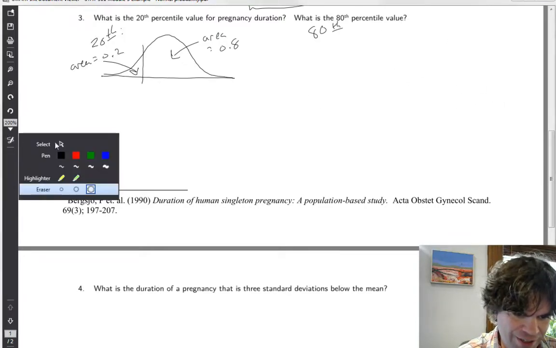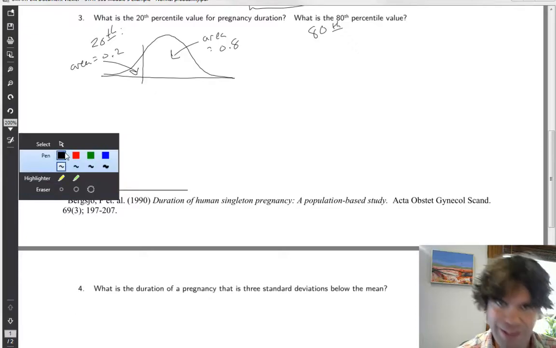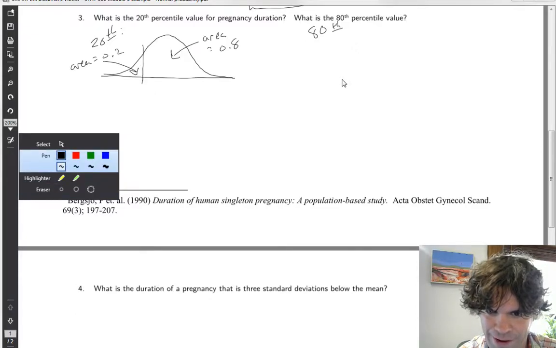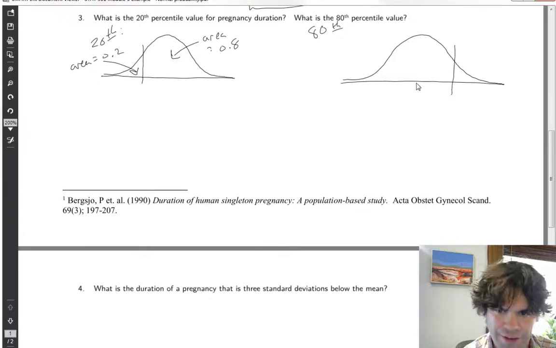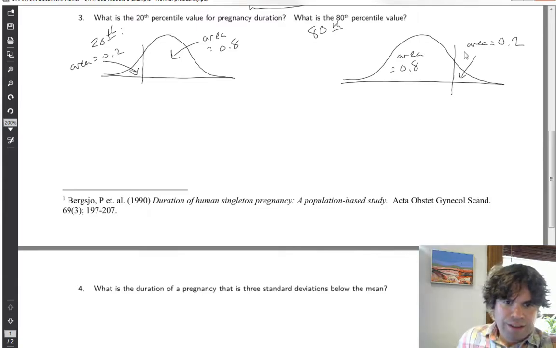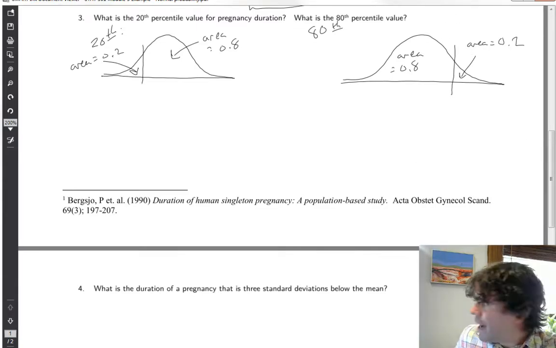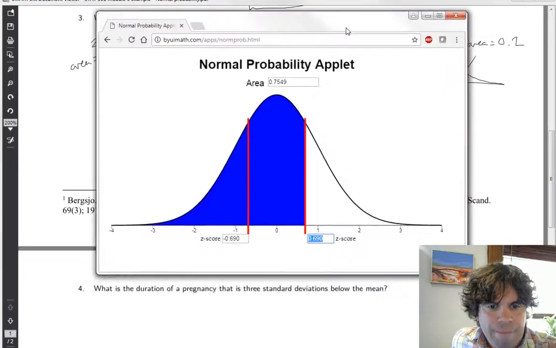It's a little harder to draw these normal distributions on a screen than it is on a whiteboard. Okay, the 80th is going to be somewhere around there, where the area down there is 0.8, and the area there is 0.2. So I'm just going to make my applet look like the picture I drew.